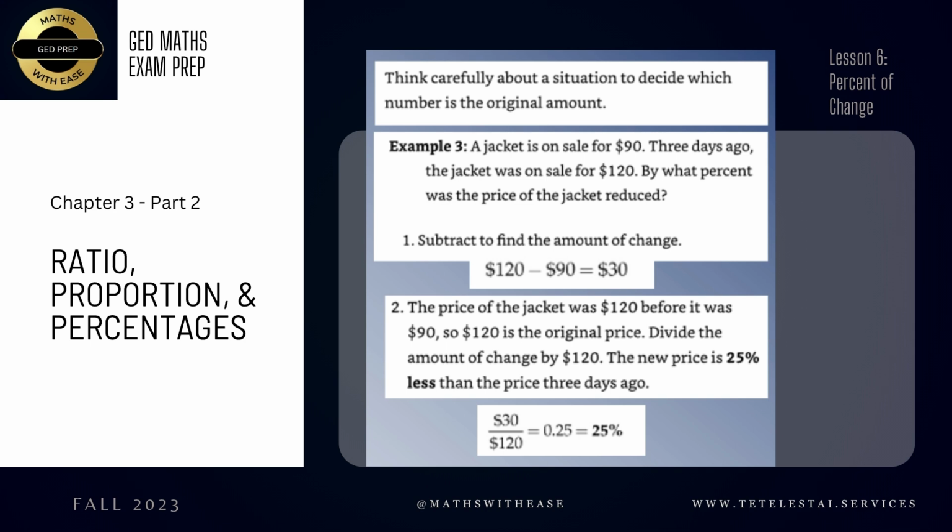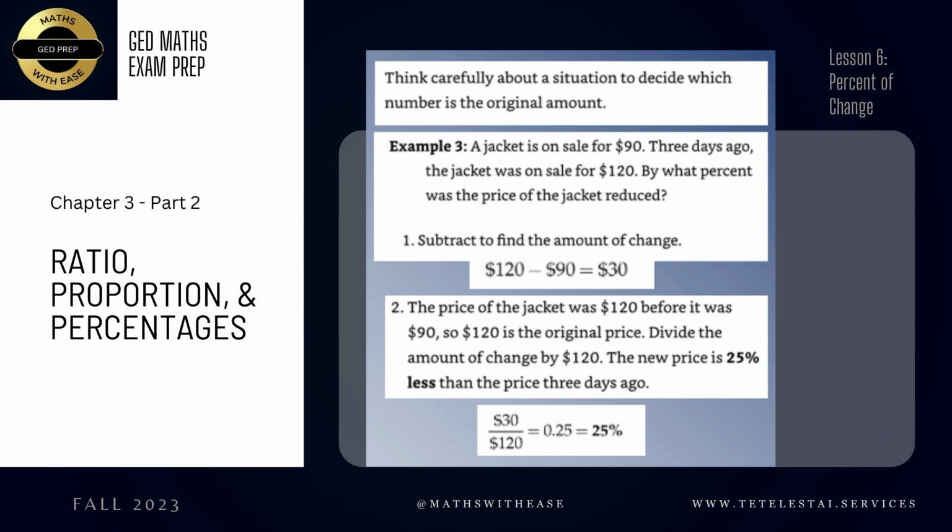And then you want to divide the amount of change by 120. So 30 divided by 120. If you wanted to do this quickly in your head, the 0 and 0 would cancel each other out. 3 goes into 3 one time, 3 goes into 12 4 times, and we know that 1/4 from our previous lesson is the fractional equivalent of 0.25.